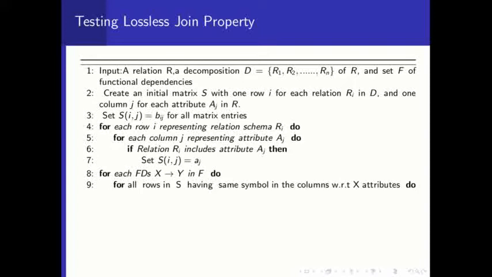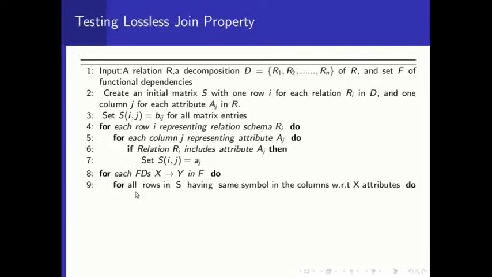If two rows have the same values, then in the corresponding Y attribute columns, if one of the cells has an a symbol, then that a symbol is placed in the other rows too. That is what the algorithm says.